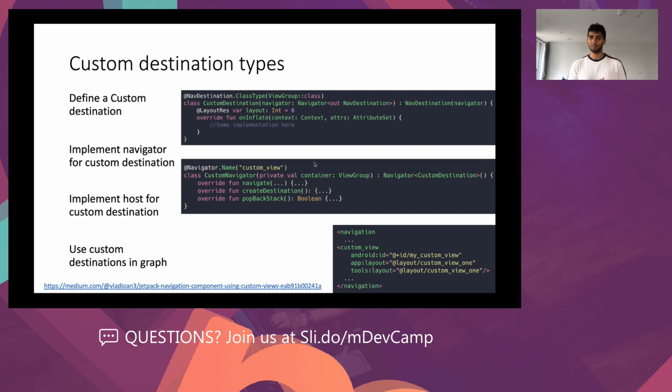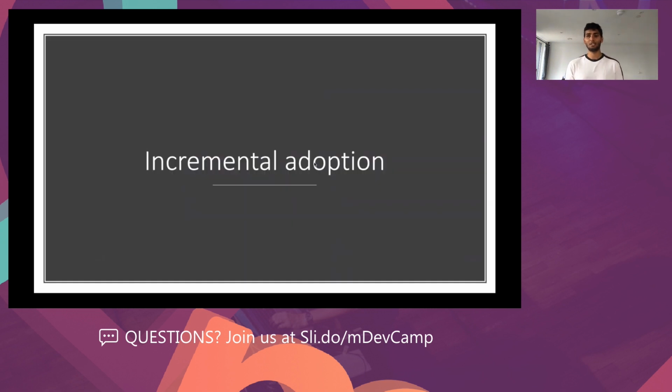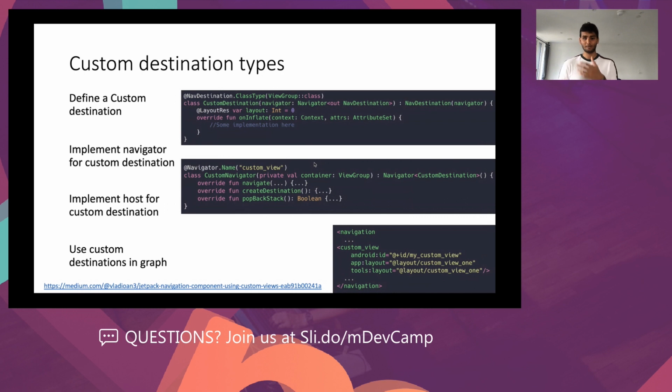And then you implement the navigator, which knows how to navigate to the custom destination, because for fragments we use fragment transaction, whereas for activities we use start activity. So you have to define a custom destination navigator, which knows how to navigate to your custom destination, and a host, which knows how to host this custom destination.